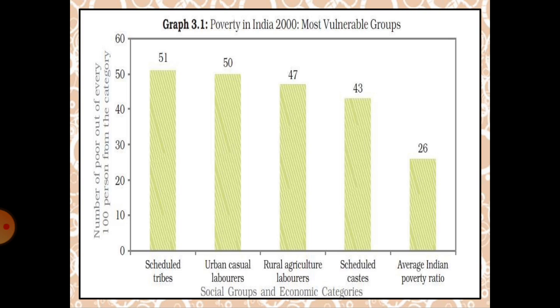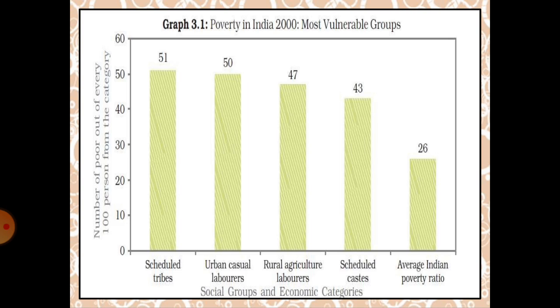This bar denotes the poverty of the people, the number of poor out of every 100 from the categories mentioned here. Scheduled tribes is 51, urban casual laborers 50, rural agricultural laborers 47, scheduled castes 43, and the average Indian poverty ratio is 26.